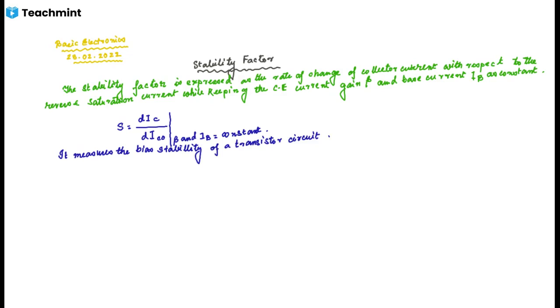It may be observed that the higher the value of the stability factor, the poorer the stability, whereas the lower the value of the stability factor, the better the stability.